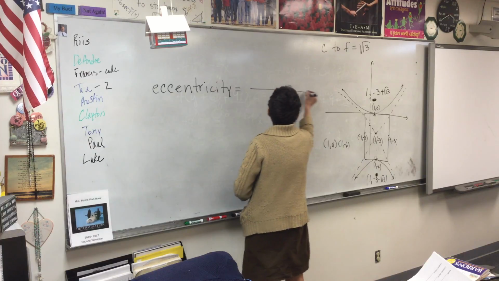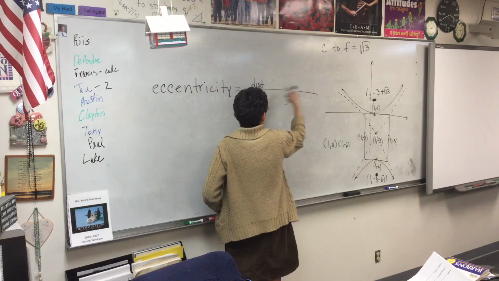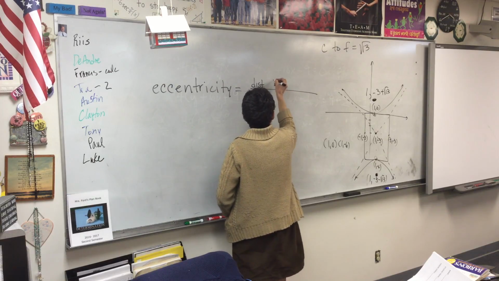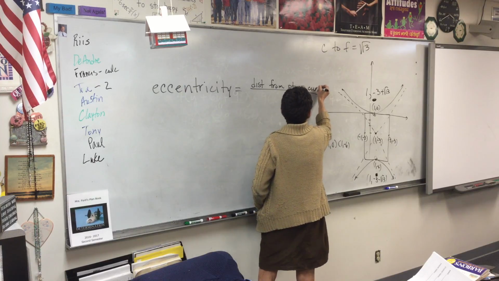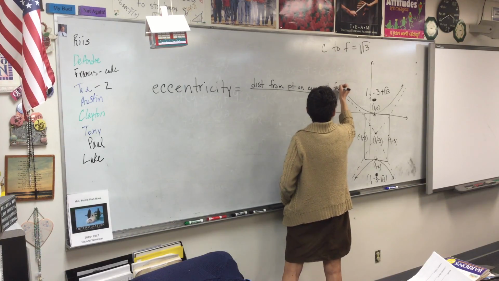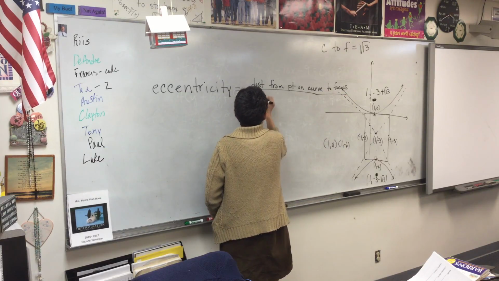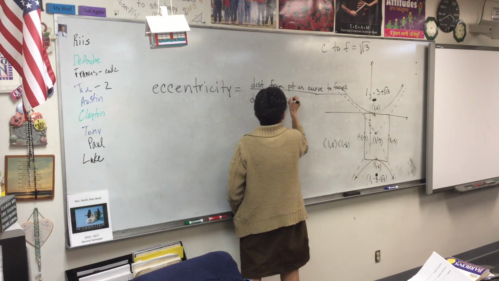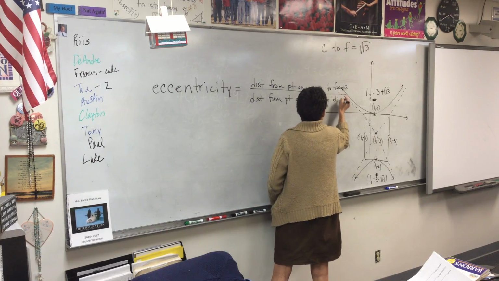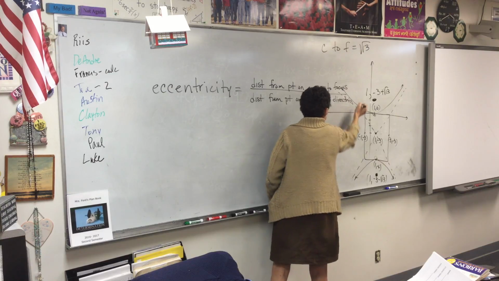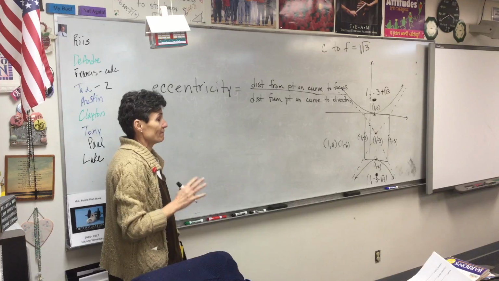The top is the distance from a point on the curve to the focus, divided by the distance from a point on the curve to the directrix. That's the formal definition.